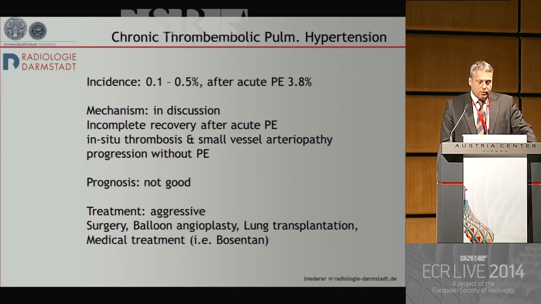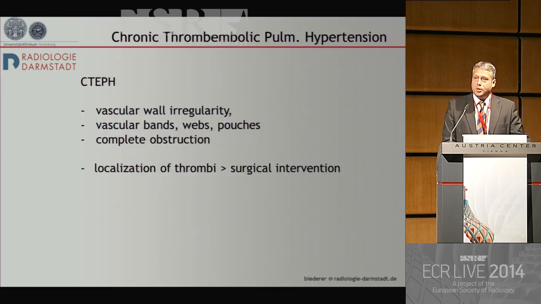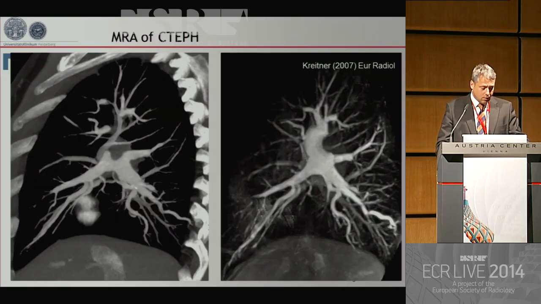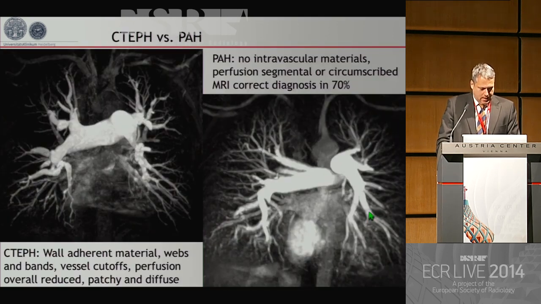So if we look at chronic thromboembolic pulmonary hypertension, we can, of course, look for the same signs as we've seen for the CT before. We can see the adherent thrombotic material. We see the corkscrewing of the vessels. We see some webs. We have here the comparison of PAH versus CTPH. This is CTPH. We see the webs.